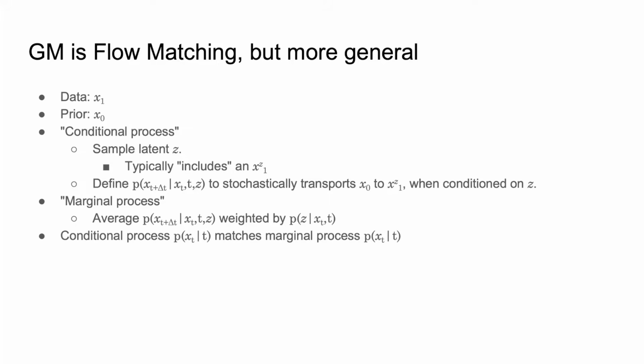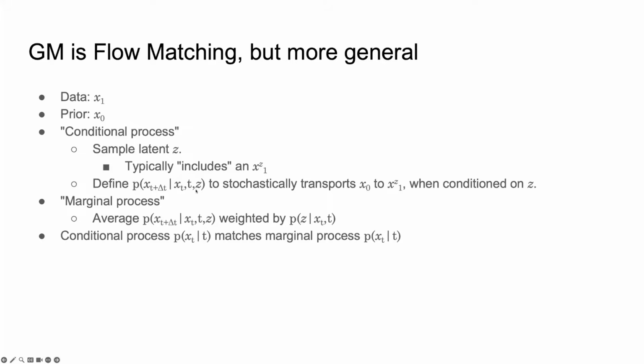We'll explain that this turns out to be a very useful thing more generally. So that latent Z has an X1 data sample tied to it. Then you define a stochastic process conditioned on Z that transports a sample from your prior to a sample from your data distribution, in particular the X1 that is associated with that Z.